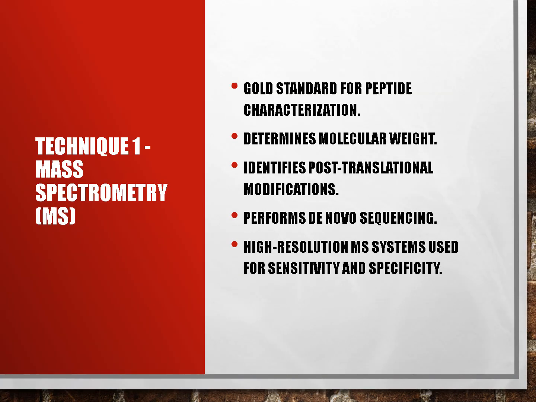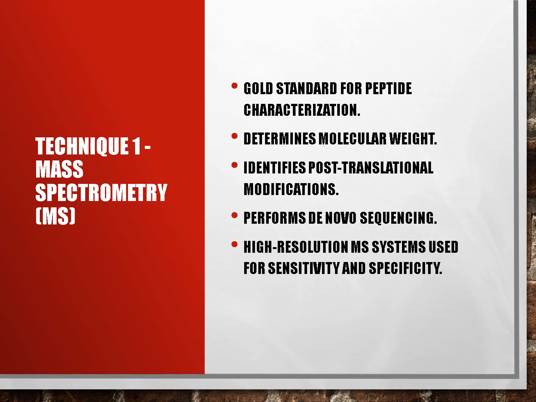Our first technique is mass spectrometry, often called the gold standard for peptide analysis. Think of it as the ultimate molecular scale. MS tells us the precise molecular weight of a peptide, identifies post-translational modifications, and can even help us sequence unknown peptides from scratch.